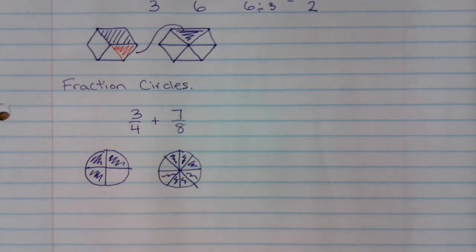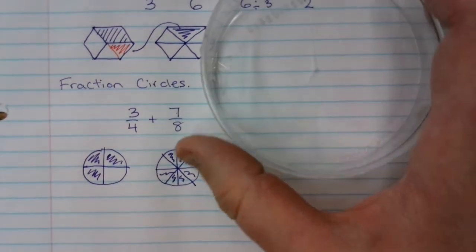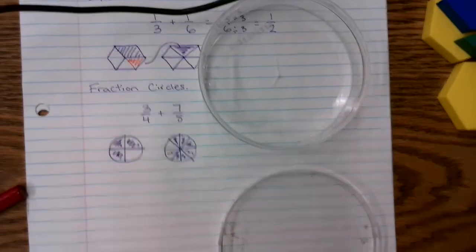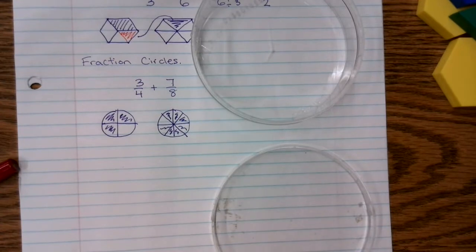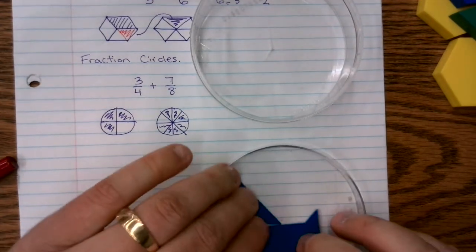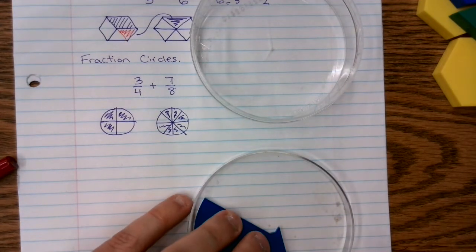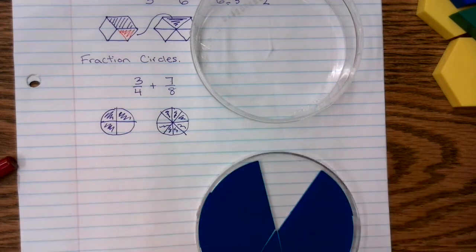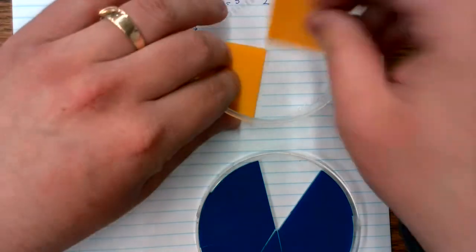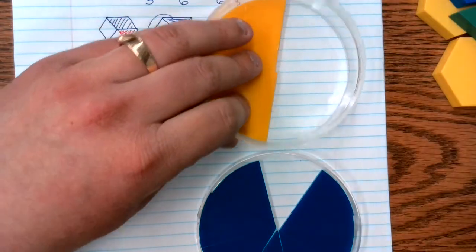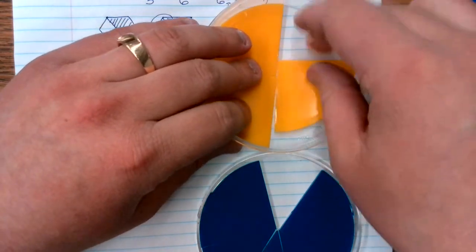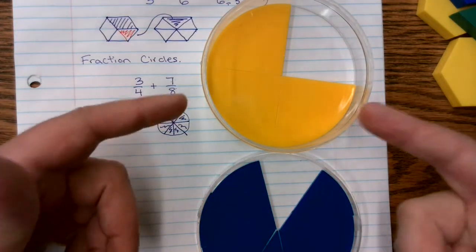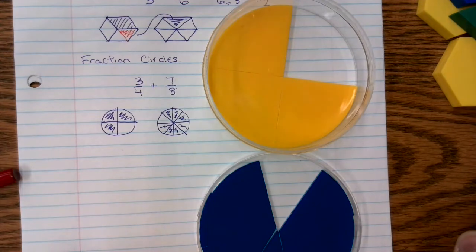Here's 7/8, and here is 3/4. And so when I go to add these, again, I want to move to make one shape.